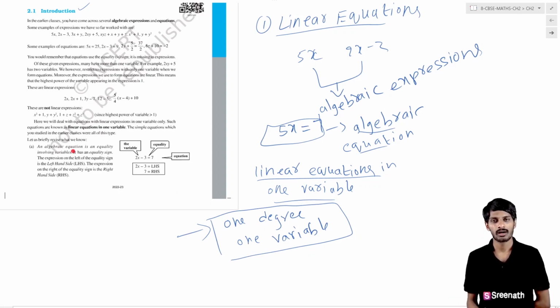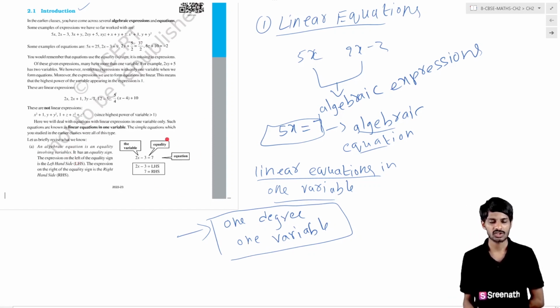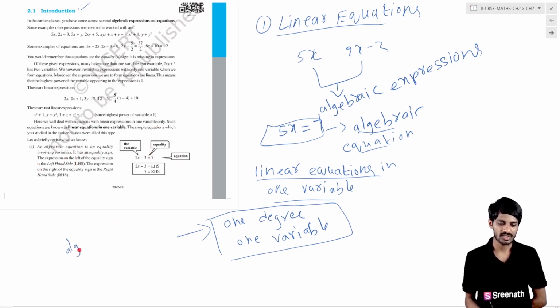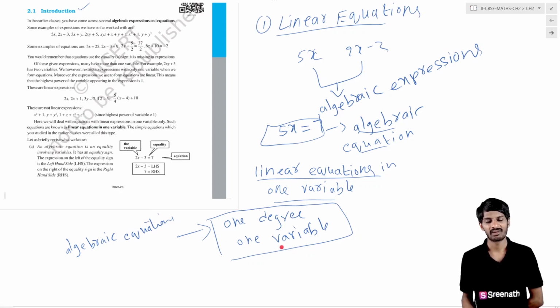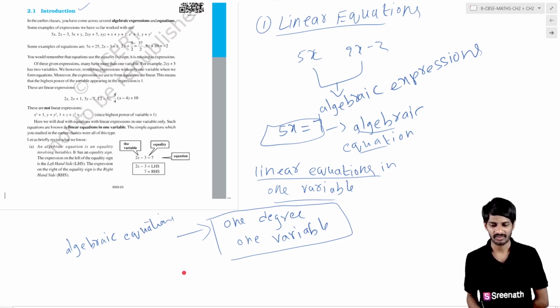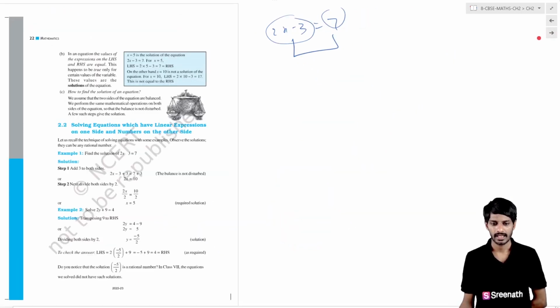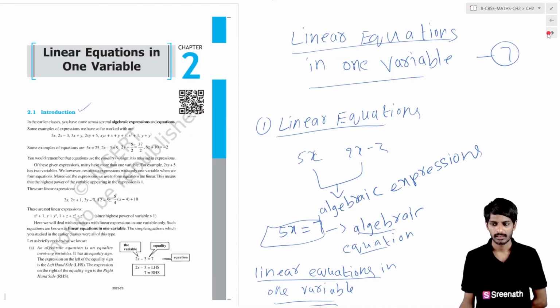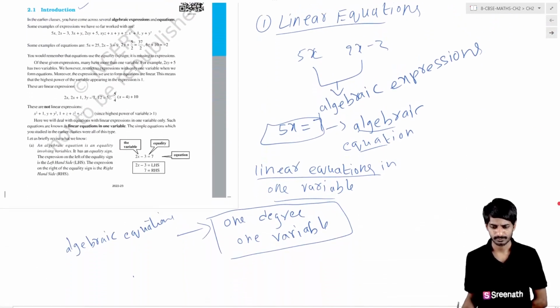So basically we have known about algebraic equations, and just now we have revised what algebraic equations mean. Algebraic equations with one degree and one variable, we call those linear equations. Here are examples. These are not equations but linear expressions.